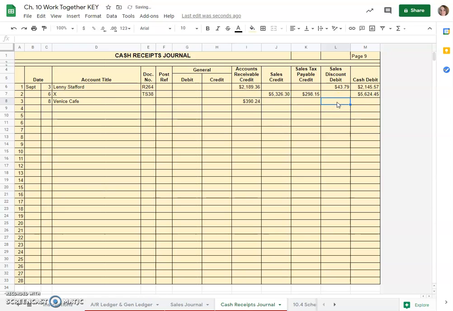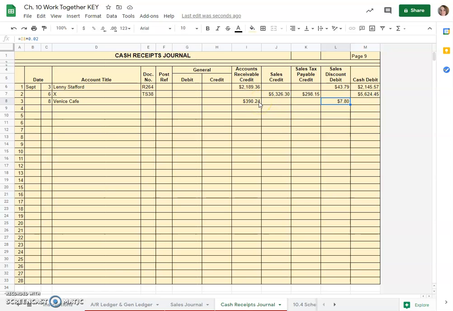And they did have a sales discount of 2%. So this amount times 0.02, $7.80-ish.